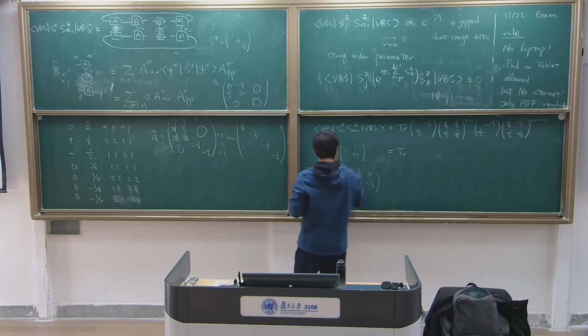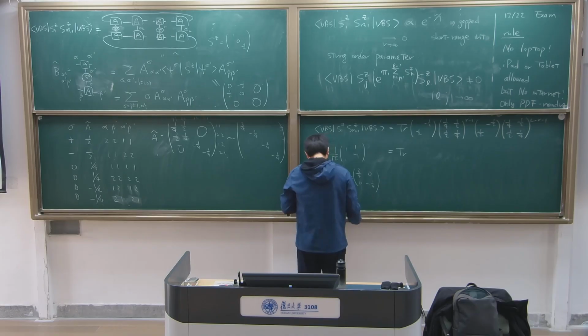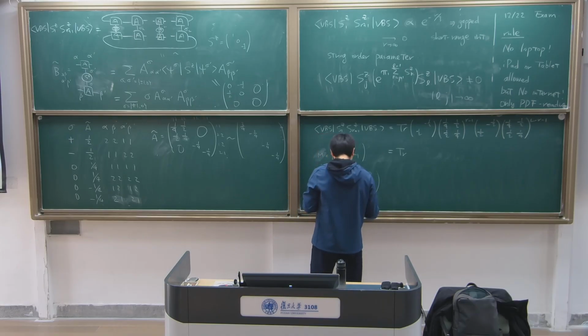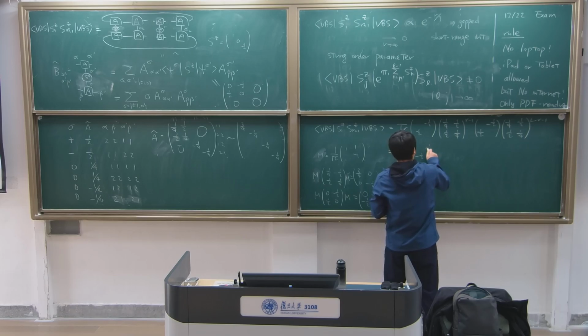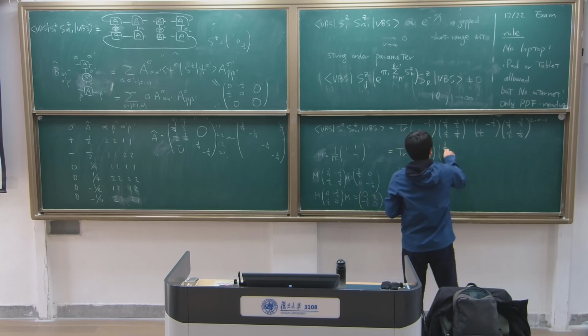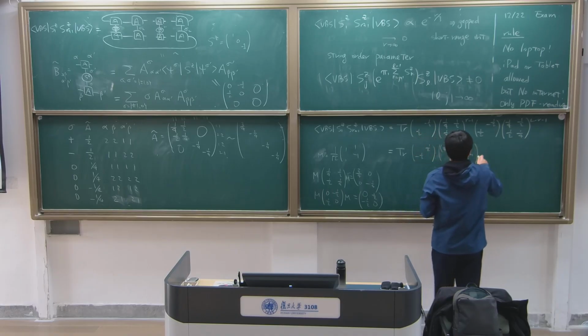Or maybe O is not good, so better, let's say M, and M inverse, and also M, 0, 1 half, 0, M, 0, 1 half, 0, like this. Therefore, this becomes minus 1 half, minus 1 half, 0 for 4 to the r minus 1, minus 1 to 4, r minus 1.